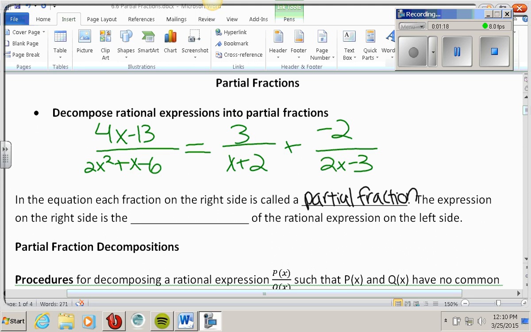And the expression on the right side is the partial fraction decomposition of the rational expression on the left side. So again, all that is separating your original fraction into these two partial fractions.